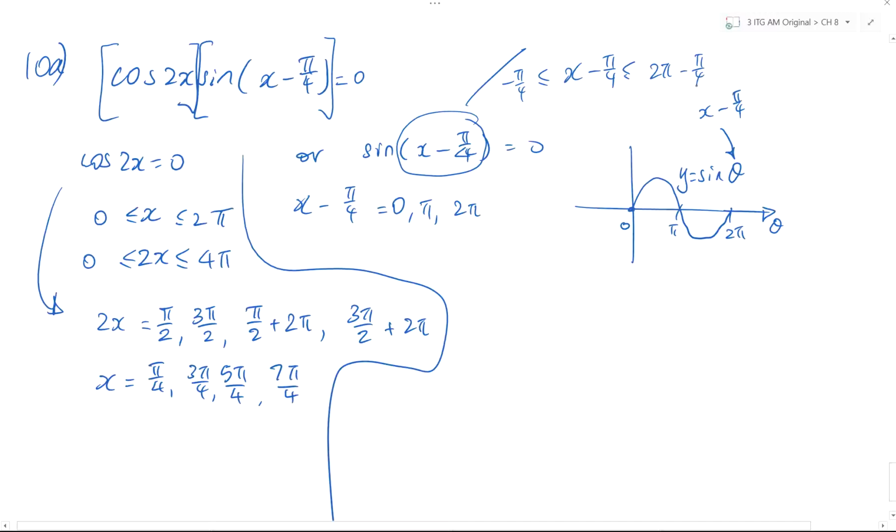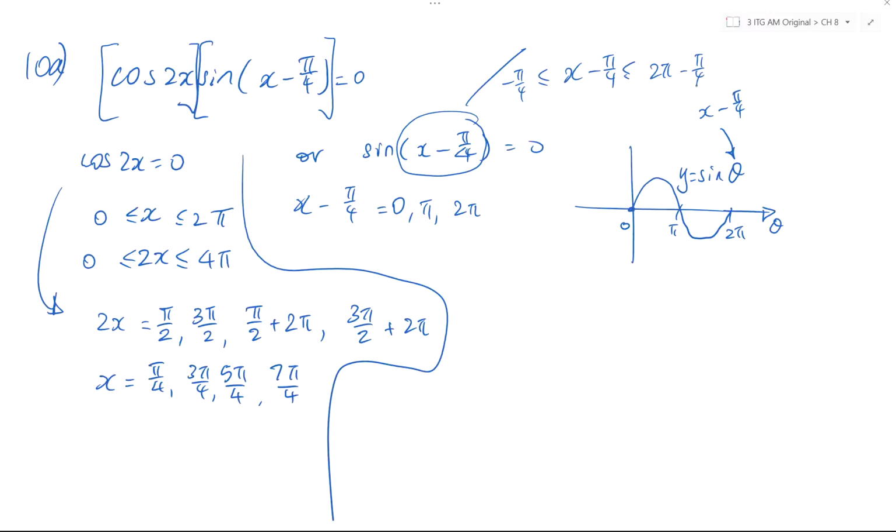So here I currently have 3 values of x minus pi over 4. I need to consider adding 2 pi to this. If I add 2 pi, do I fall within the range? No, I don't. So I need to consider subtracting 2 pi. Do I fall within the range? No. So these are my 3 answers for x minus pi over 4.